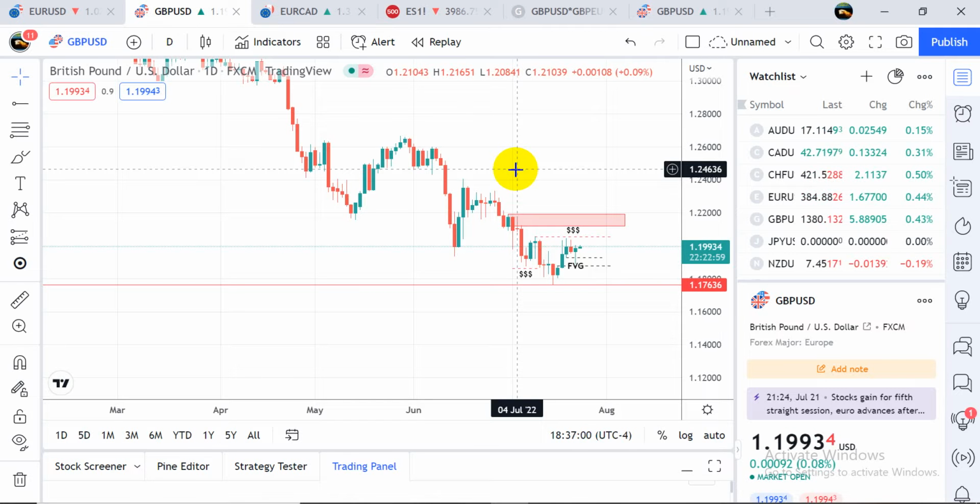Currently though, there was a survey taken at Michigan University that showed inflation expectation might be less for next month. That might make the Fed less aggressive in increasing interest rates and might weigh on them later in the future.